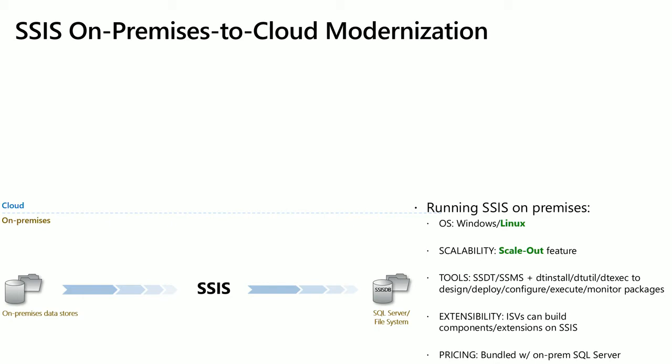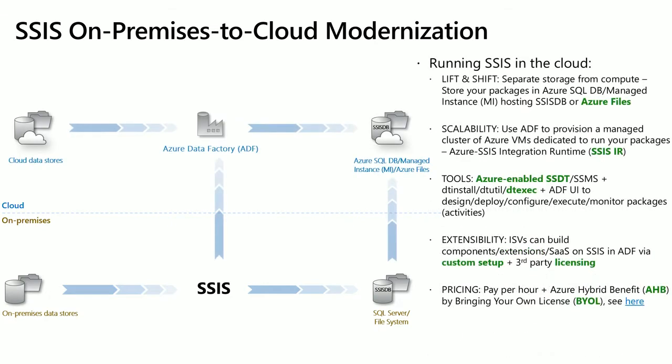And we integrate SSIS in ADF with a native compute engine. The way we do it is, if you remember, when running SSIS on SQL Server, your compute and storage are in the same instance. So SSISDB on SQL Server and the SQL Server machine itself running the ETL workloads, right? When we run in the cloud, we separate compute from storage. So the storage where you store your packages can be inside SQL DB, standard SQL DB, or the managed instance.